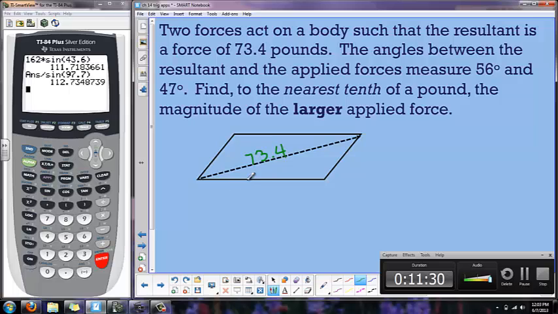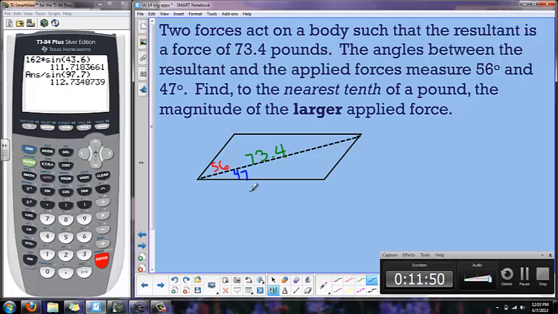So if you take a look at our picture, this is the bigger angle right here, so this one's 56, and 47. Find to the nearest tenth of a pound the magnitude of the larger applied force.